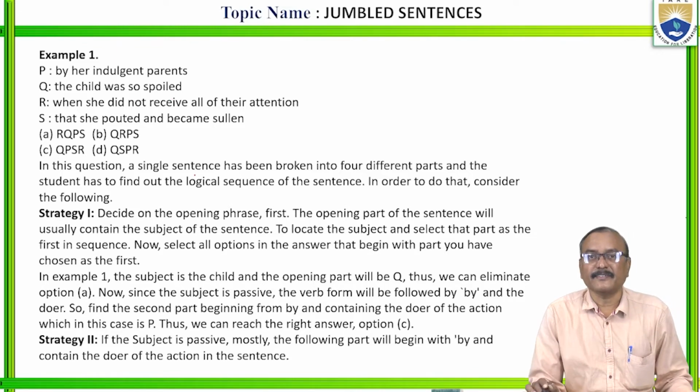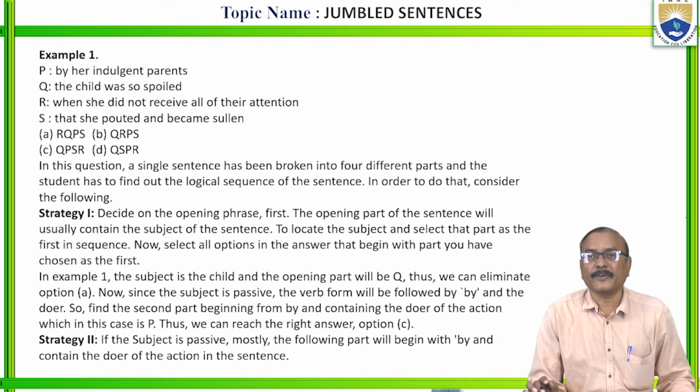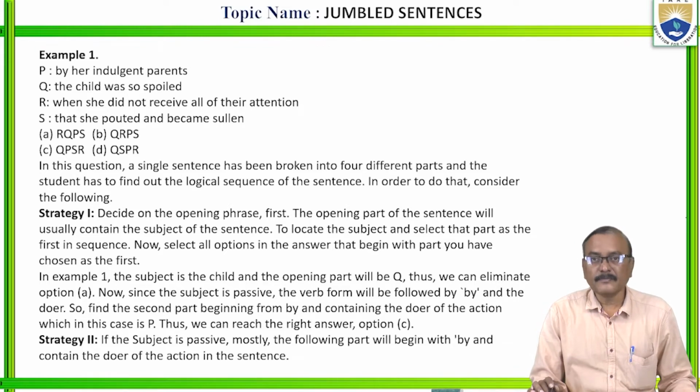See the sequence. In this question, a single sentence has been broken into 4 different parts, and the student has to find the logical sequence of the sentence. In order to do that, decide on the opening phrase first. The opening part of the sentence will usually contain the subject of the sentence.